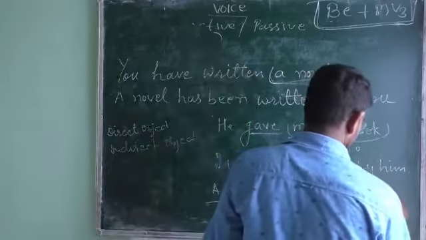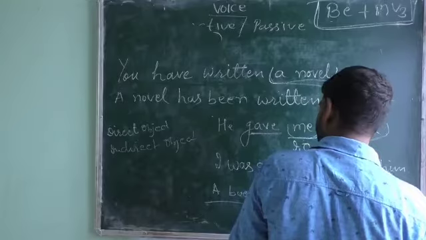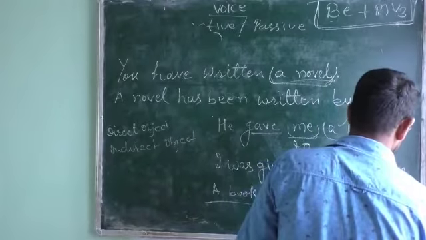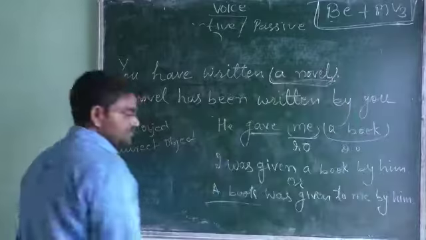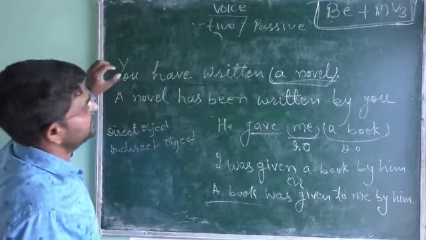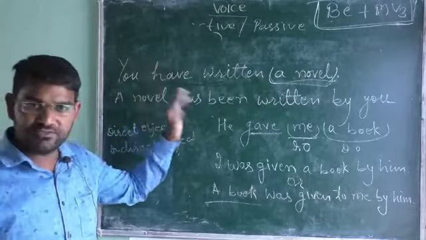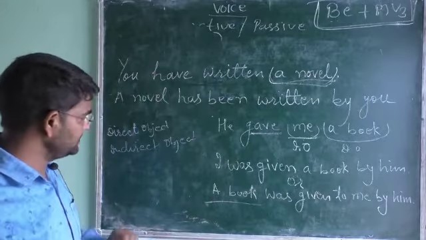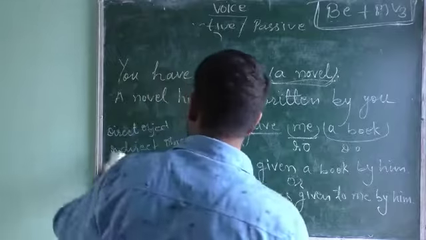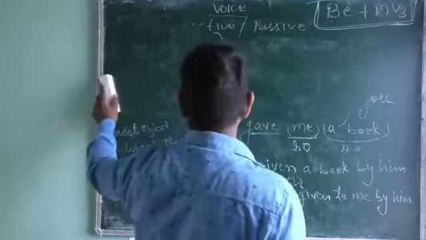After that we make the subject into an object using by: by him, like this. So these are the simple structures of changing from active into passive.